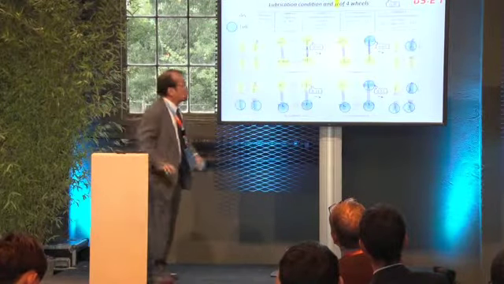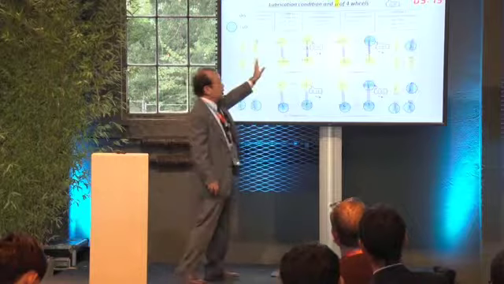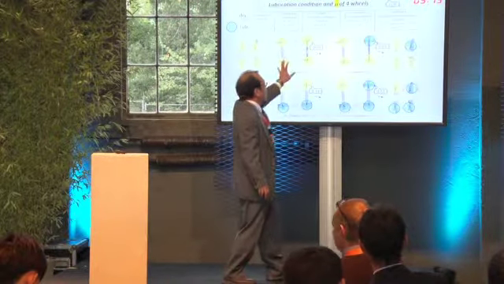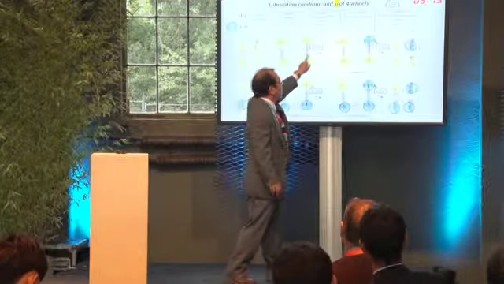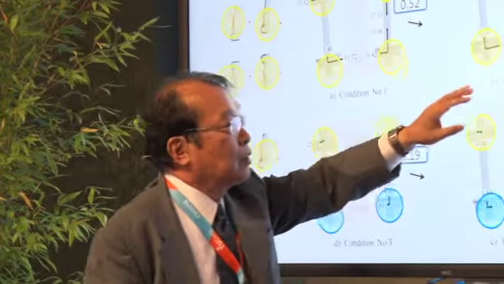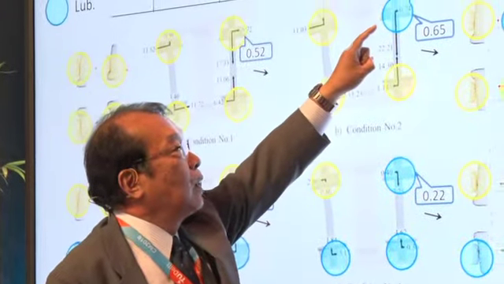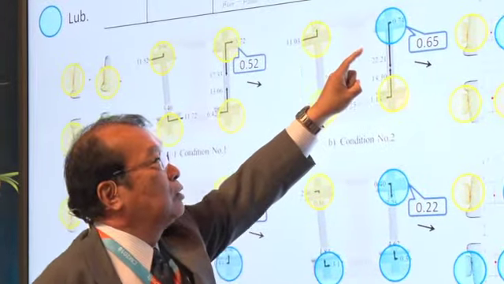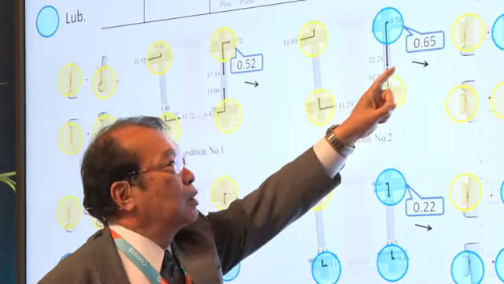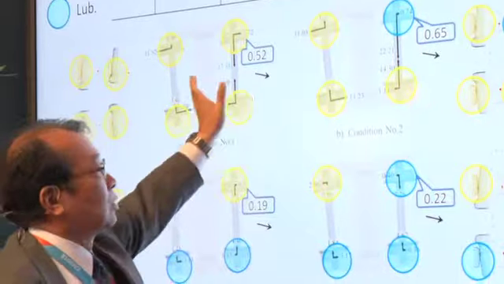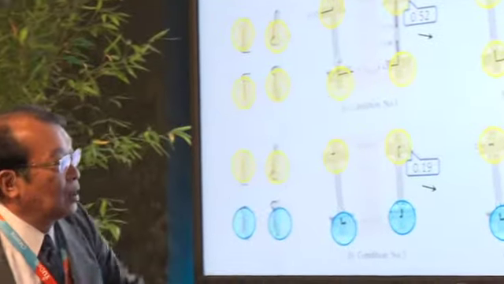This is the value of Q by P. In condition 1, all wheels dry, Q by P is 0.5. But in condition 2, only the leading outside wheel lubricated, Q by P is 0.65, larger than the all dry condition.